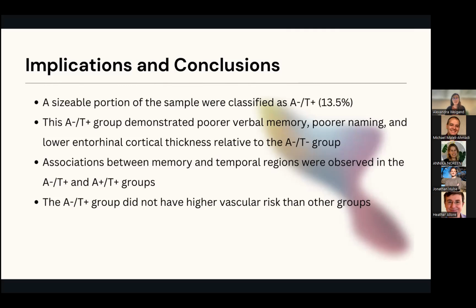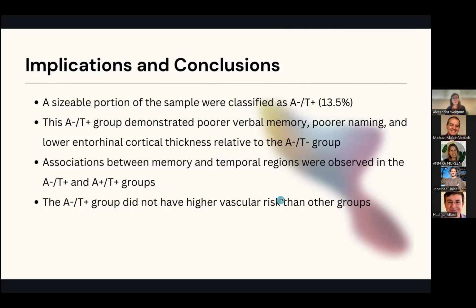Associations between memory and temporal regions were only observed in the A minus T plus group and the A plus T plus groups. And as I mentioned earlier, the A minus T plus group did not have higher vascular risk than other groups, suggesting that that's not driving the differences in these cognitive and neurodegeneration or cortical thickness variables.